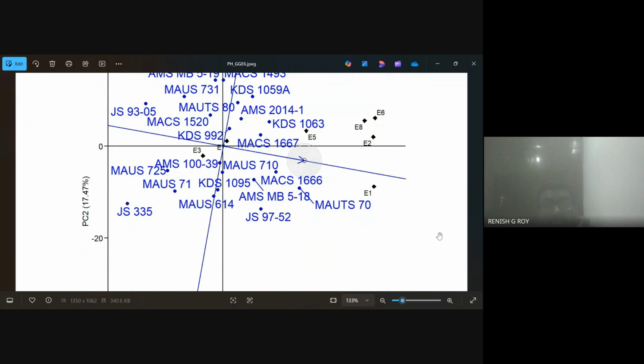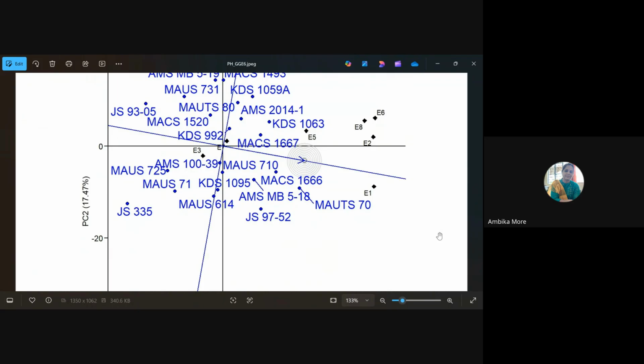MACS 1666. MAUTS 70. Okay, you can consider it. KDS 106. MACS 1667.